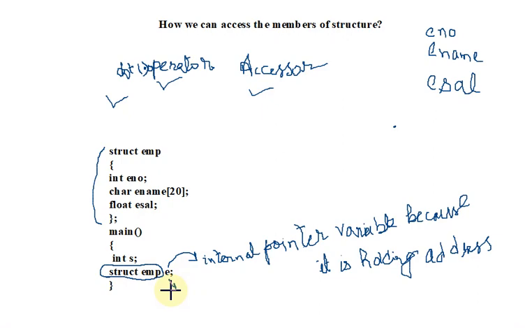Now how can we access all these members of a structure? Using this variable we can access all these members. What we need with it is an accessor, that is the dot operator. So what do we need to write? We need to write e dot e number. It means the employee number.